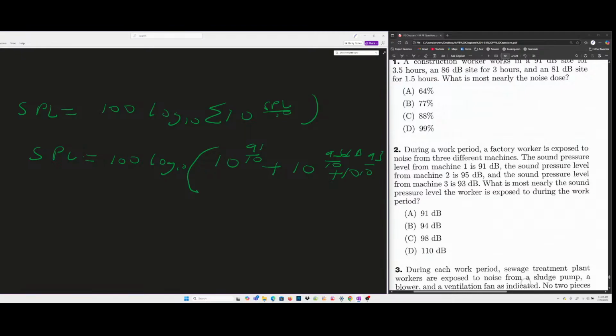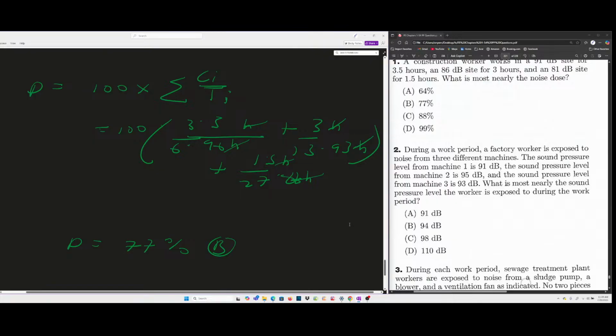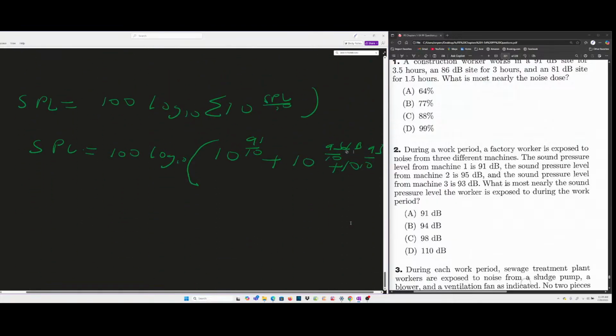All these are dB. Once we solve all this, our SPL is equal to 98.07 dB. This was our exposure limit.